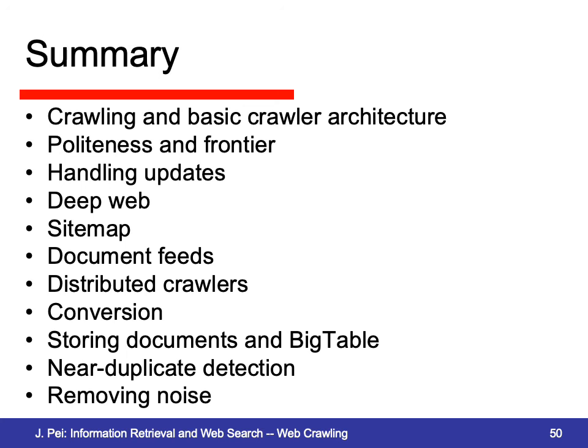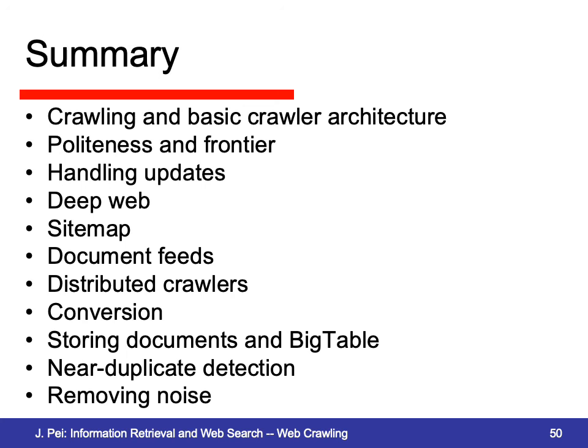We talked about how to crawl in a distributed system. And also, we talked about how to store the crawled documents. First, we need to do the conversion so that the documents can be represented in a consistent format. And also, the documents can be stored in an internal database, and specific to Google, it uses Bigtable.